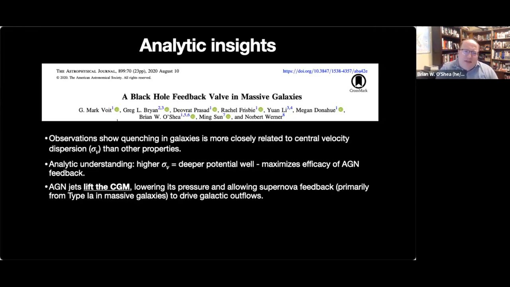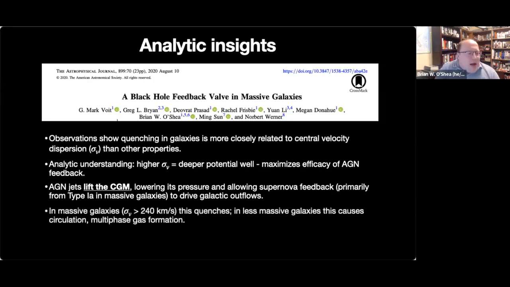One consequence of that is it lowers the pressure of the CGM and allows supernova feedback. So, in massive galaxies, we're talking primarily about type 1a feedback, to drive galactic outflows, and that can sweep gas out of the galaxy and essentially remove gas that would otherwise be feeding a supermassive black hole.